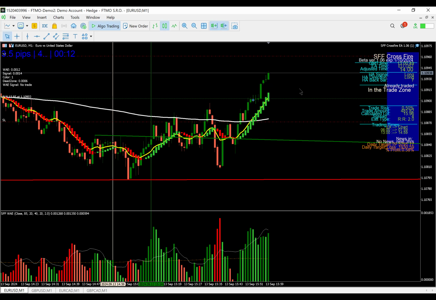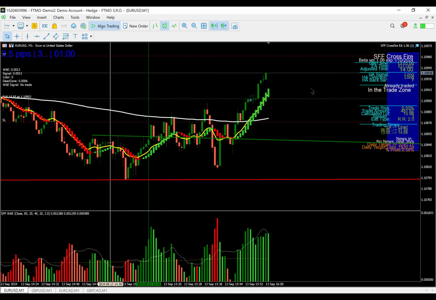Just out of curiosity, Richard, I'm only doing Euro USD. I'm running the Crossfire, but also the Cloud Commander as well. I think this is the third time in 2 days it's got me in exactly the same trade, at exactly the same price, with the same stop loss and take profit. And yet there must be different settings in there.